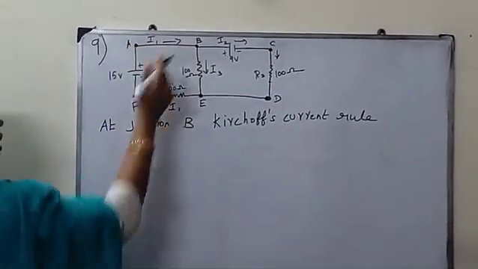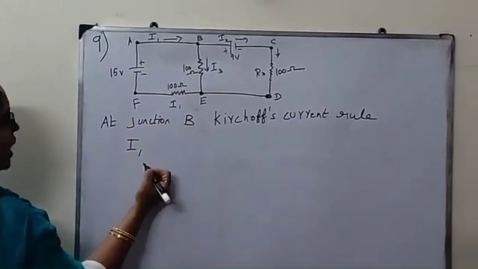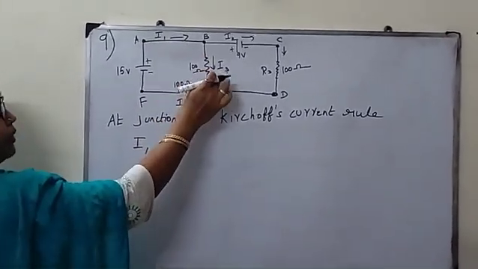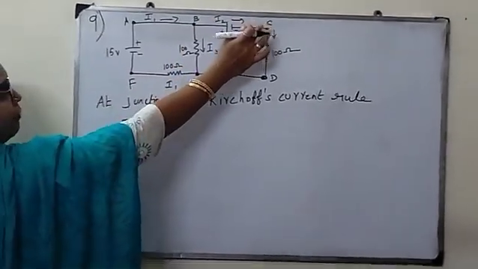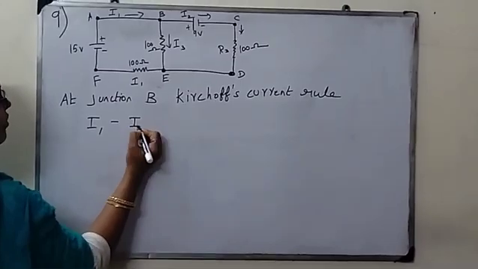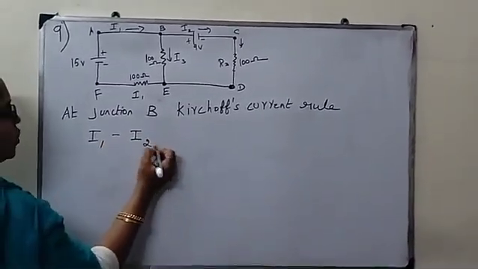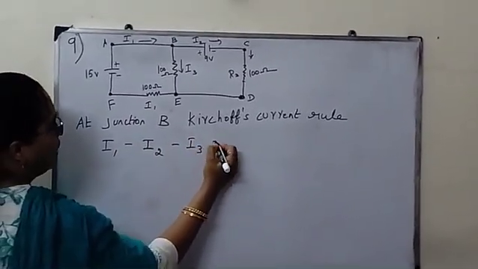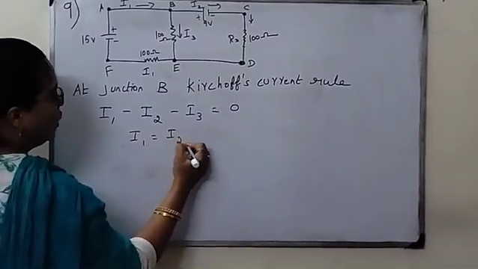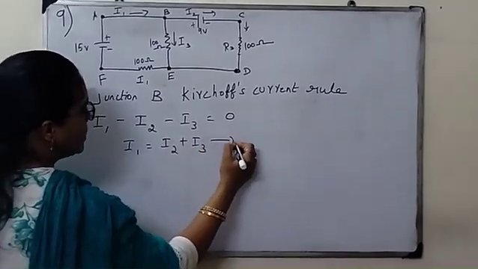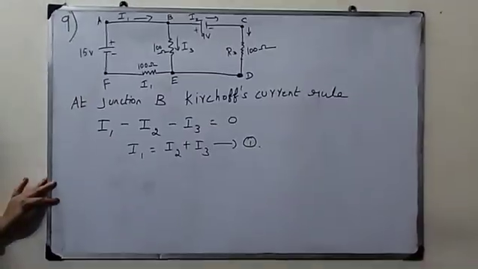So I1 is towards the junction B. I3 is away from B, and in the same way I2 is also away from B. Whichever is away we will have to take minus sign for that. So I1 minus I2 minus I3 equal to 0. Therefore I1 equal to I2 plus I3. This is considered as equation number 1.